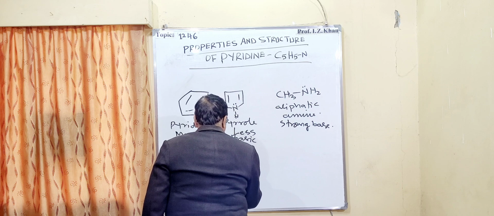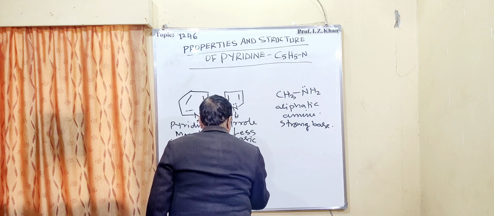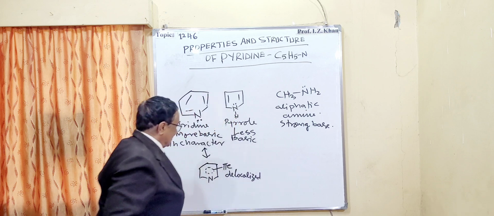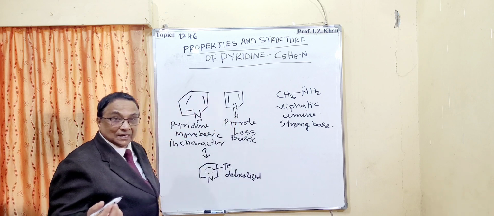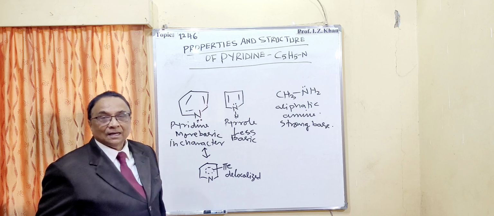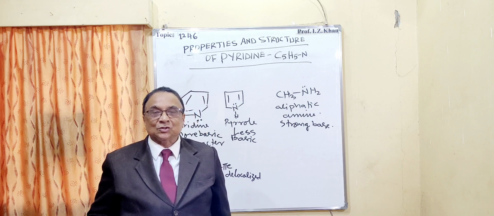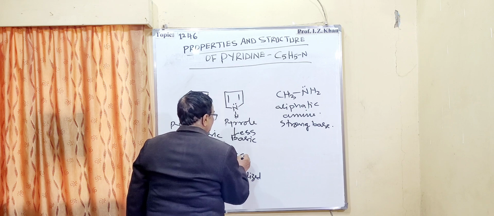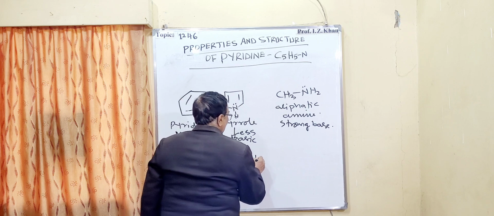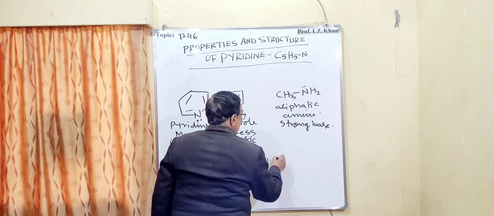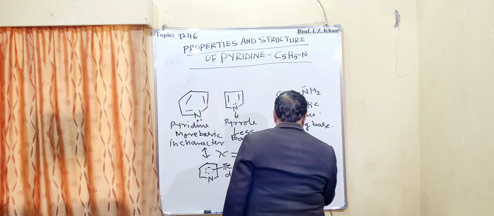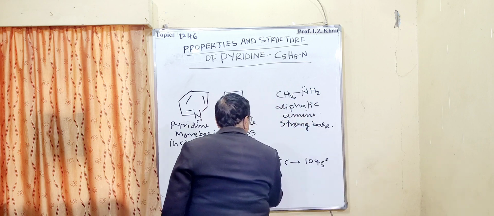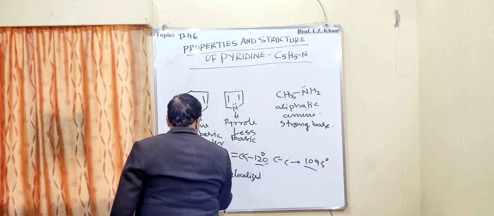This delocalization means that if it were a double bond, the bond angle should have been 120 degrees, or if it were a tetrahedral single bond, then it would have been 109.5 degrees. So it is neither 120 nor 109.5, but in between.